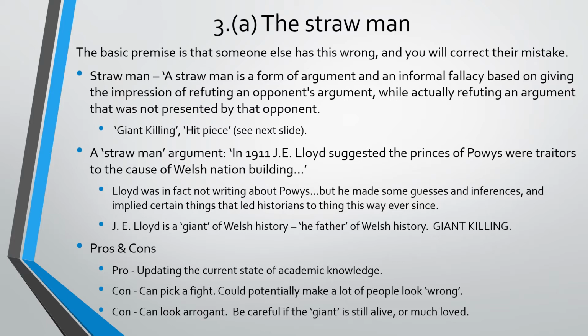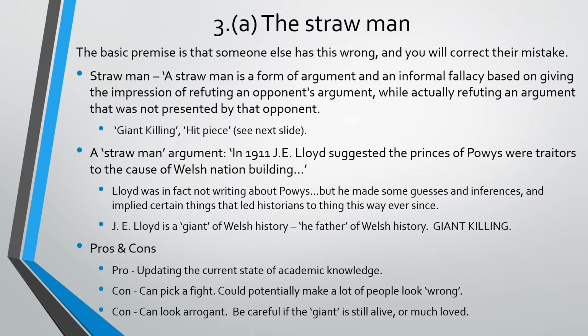Now, Model 3, we're looking here at a more complex type of article, a PhD chapter. When we say a straw man article, we're referring to a straw man as a form of argument and informal fallacy based on giving the impression that we are refuting an opponent's argument.